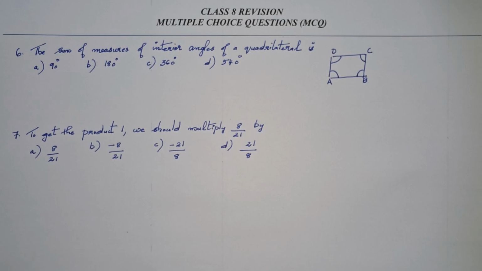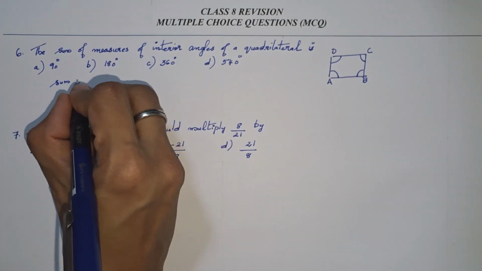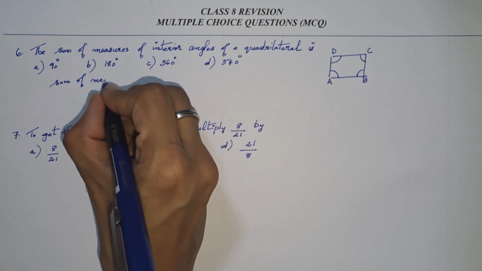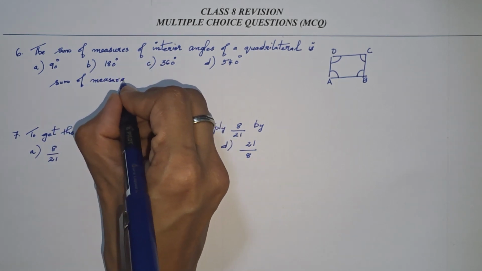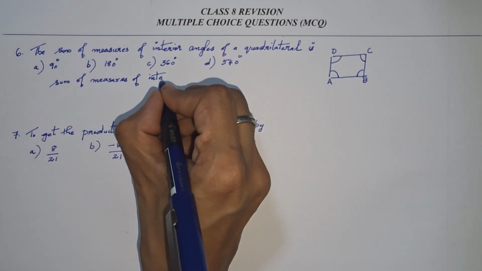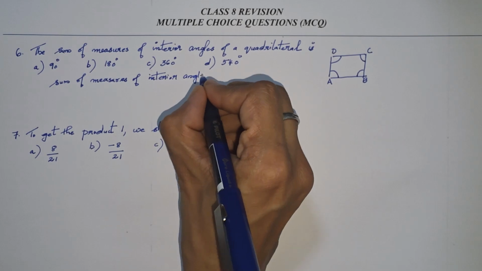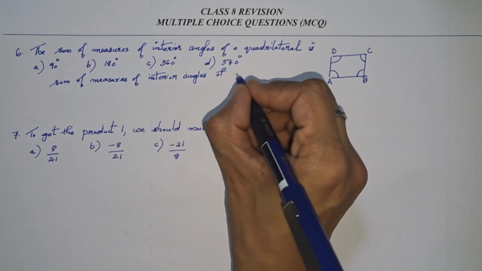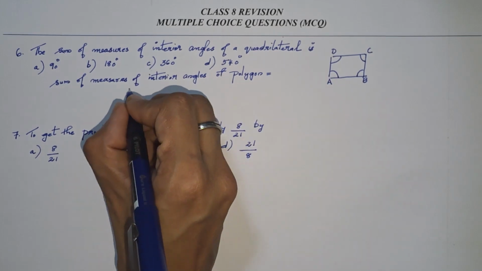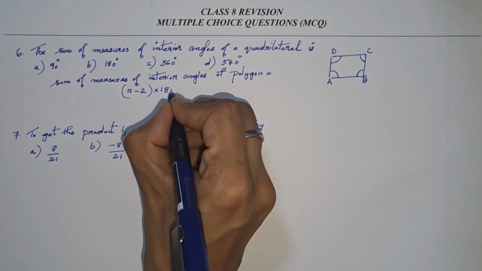Okay, so we know that the sum of measures of interior angles of a polygon is equal to n minus 2 into 180 degree.